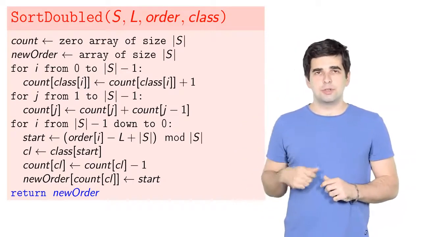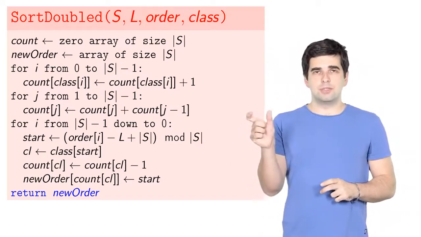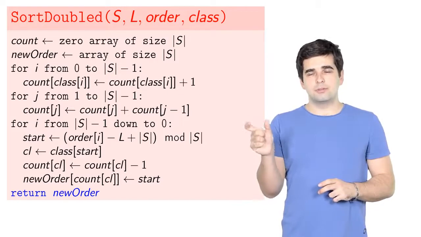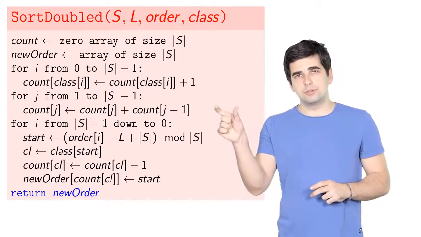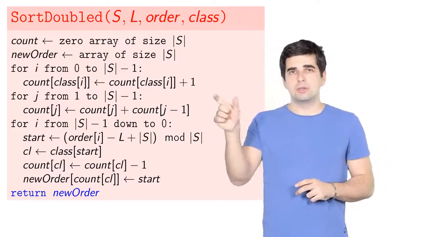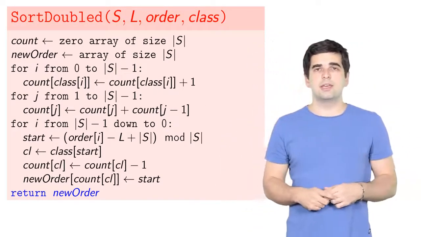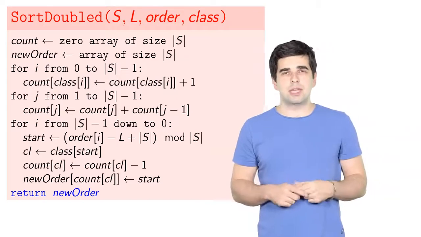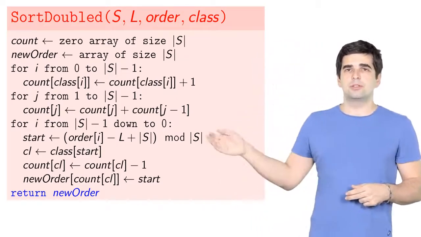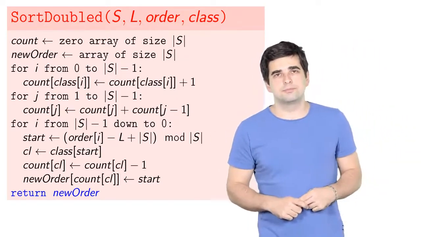And the counting sort was stable. So in case when their first half is the same, they're also sorted by the second half, because they were sorted by second half initially. So new order finally contains all the doubled cyclic shifts in the correct, sorted order.